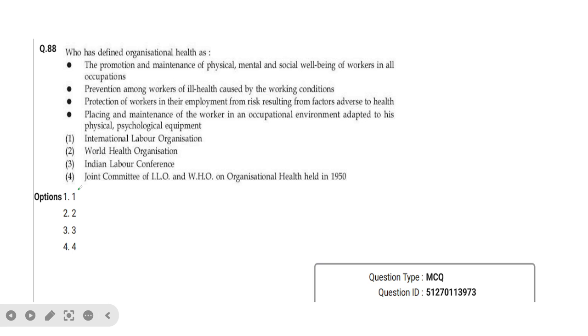ILO, WHO, Indian Labour Conference या Joint Committee of ILO and WHO. So the answer is not the ILO, not the WHO, but it's the Joint Committee of ILO and WHO on Organizational Health, which was held in 1950.